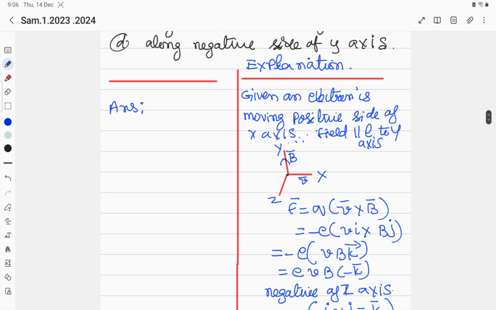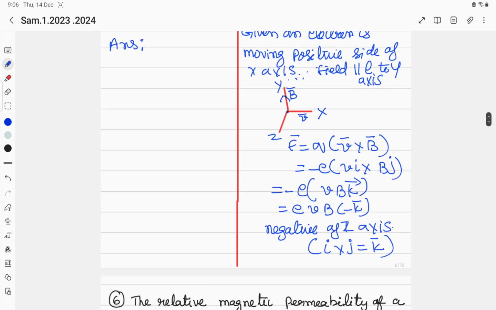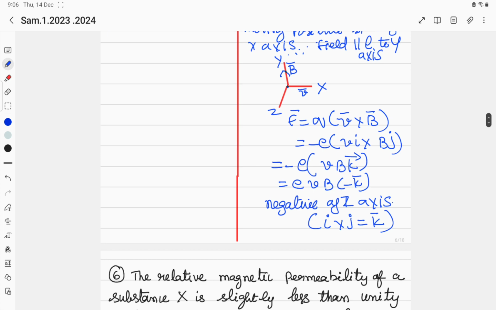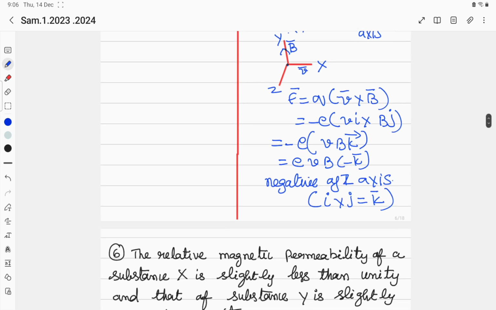Explanation. Given an electron is moving along the positive side of the x-axis and the field is parallel to the y-axis. Asking for force. Force is equal to q into v cross B. q is minus e. Velocity is in the x direction, that is i.